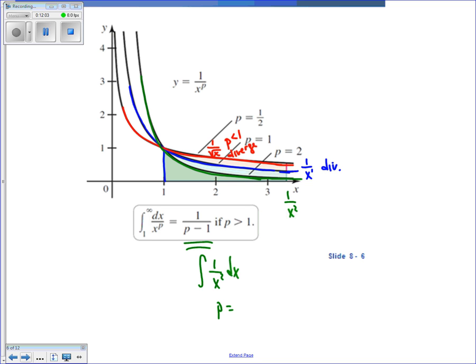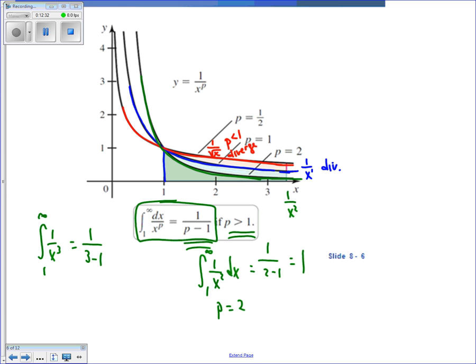When we're talking about series, it'll be a p series. When p is equal to 2, this is going to be 1 over 2 minus 1, which is 1, and that's going to be that infinite area from 1 to infinity. If I want the integral of 1 over x to the 3rd, this one will converge because the p is bigger than 1, and it's going to converge to 1 over 3 minus 1. So as long as the p is bigger than 1, this integral converges, and it converges to 1 over p minus 1.